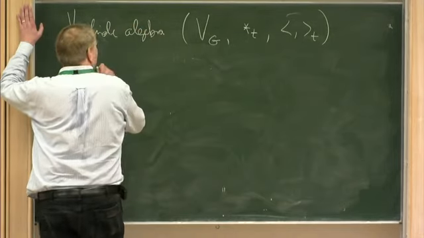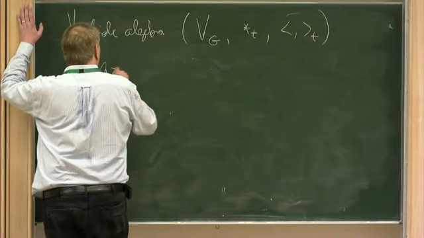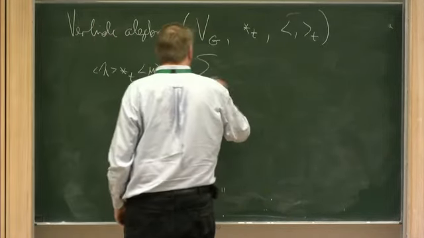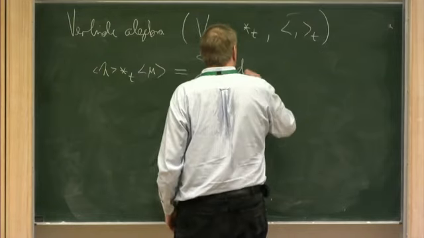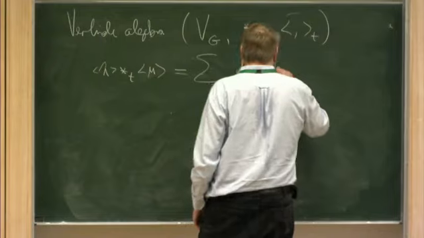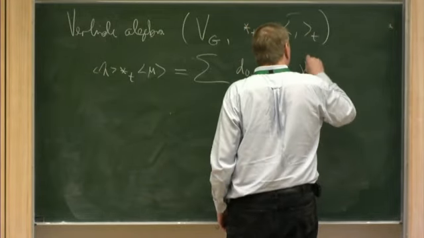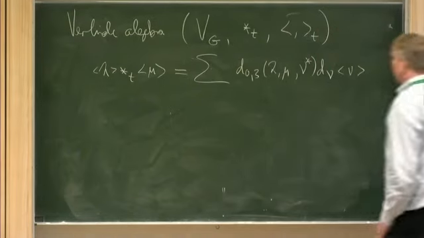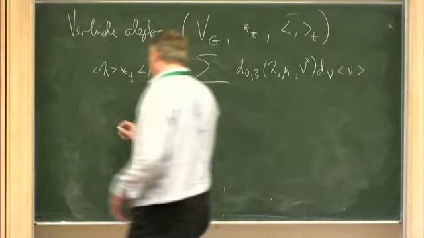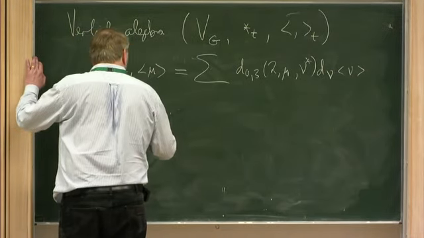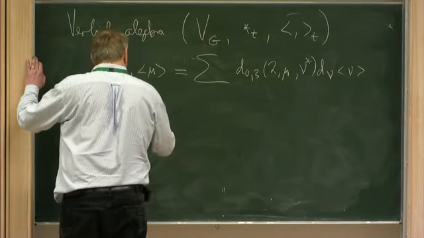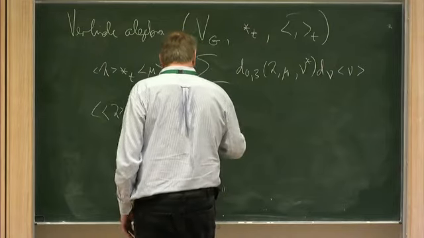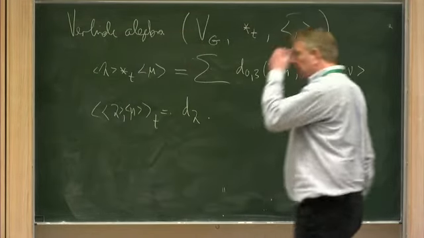And λ star_t μ is simply defined the usual way. So you say it is the sum over ν of d_{0,3}(λ, μ, ν star) d_ν times ν, and you define the inner product between these two to be d_λ, like this.